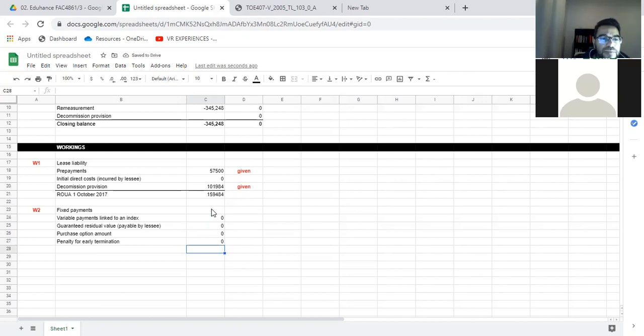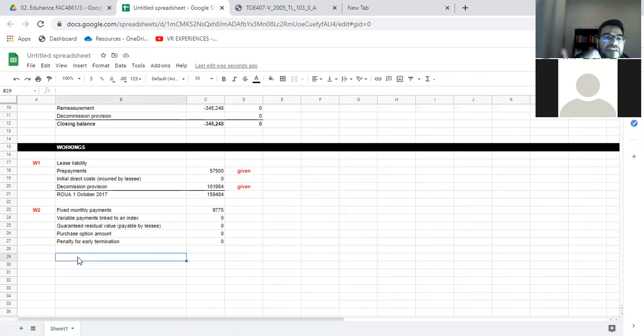Okay. And then the fixed monthly payments was 9,775. Okay, so 9,775. But remember, in order to calculate this number, we need to use the financial calculator. So what do we want?